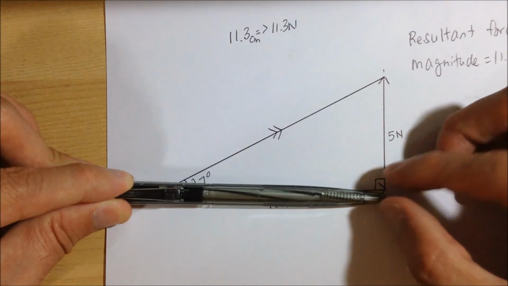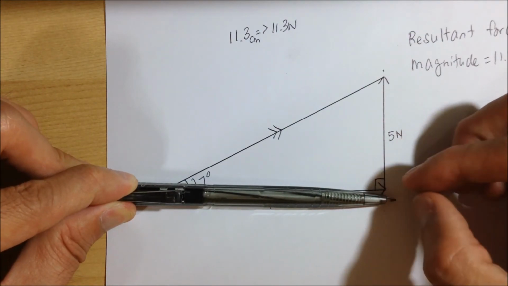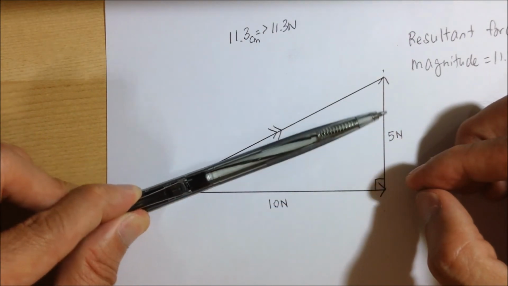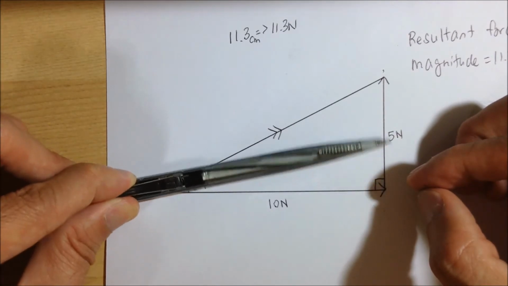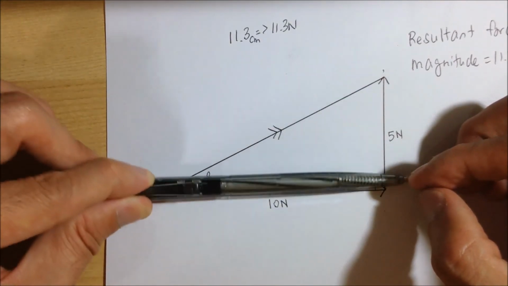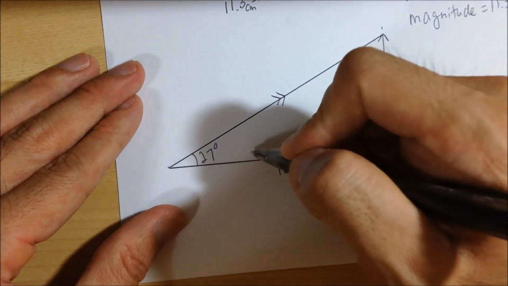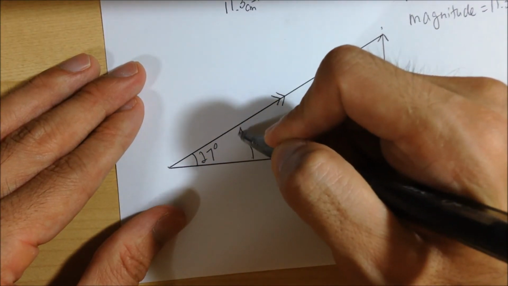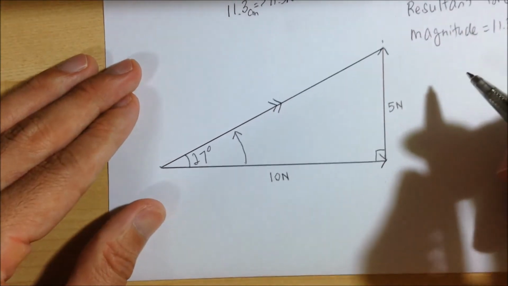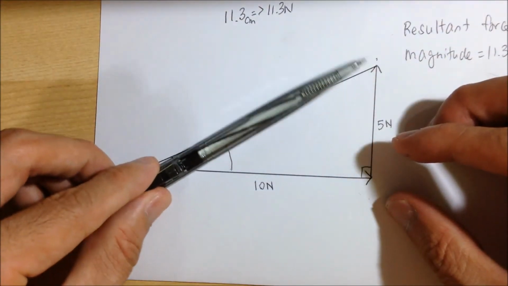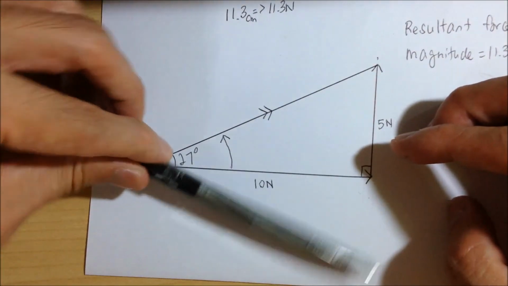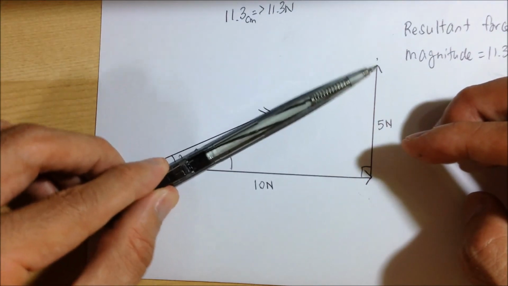So how does the 10 Newton force change its direction to a resultant force? It has to rotate in this direction. In order to rotate in this direction, it is rotating in which direction? Anti-clockwise. So from here to here is anti-clockwise, from here to here is clockwise. So obviously it's rotating anti-clockwise.